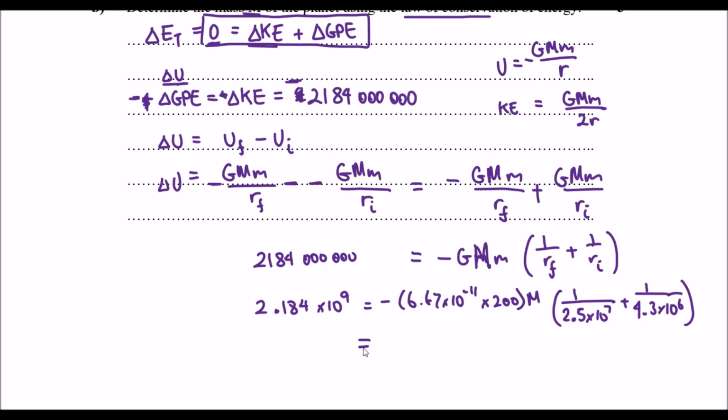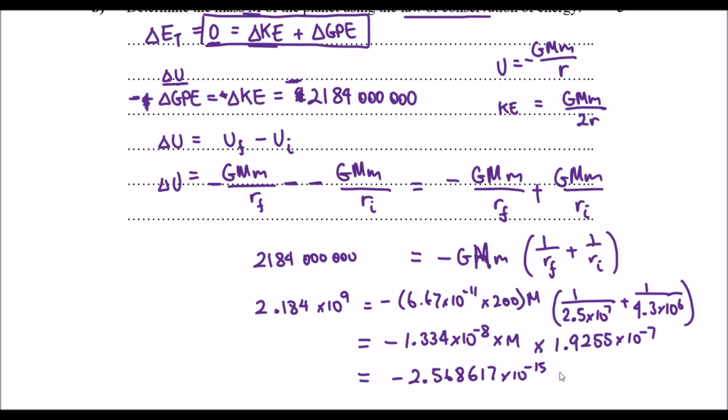If we then expand the brackets out, if we find what the values are, the value that we have here becomes negative 1.334 times 10 to the power of negative 8 multiplied by m, and these two values here become 1.9255 times 10 to the power of negative 7, and that gives us a value of negative 2.568617 times 10 to the power of negative 15 multiplied by m.